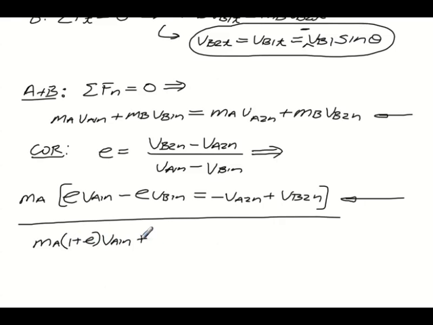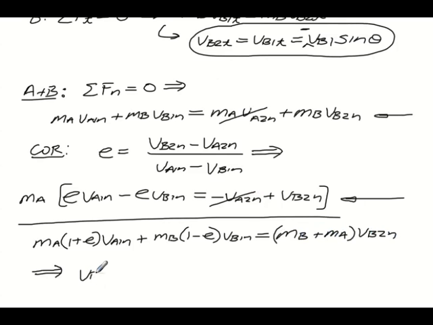The second term is going to be MB(1 minus E)VB1N. Again, all I'm doing is adding together the first equation with the second equation multiplied by MA. And the reason for doing that is that we see that when we add them, these will cancel out. On the right hand side, we simply have (MB plus MA) VB2N.